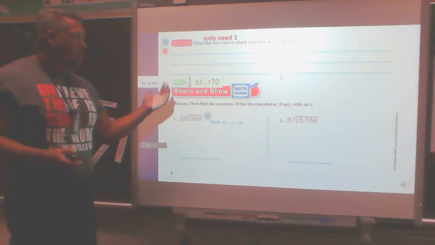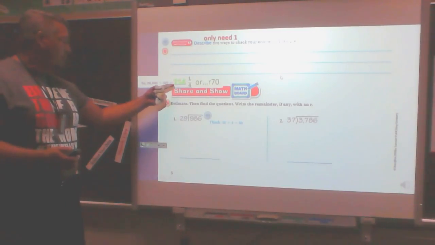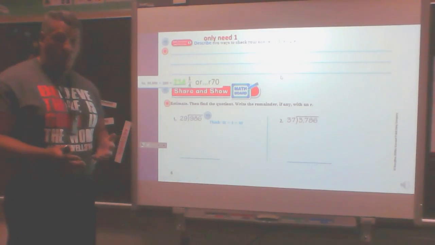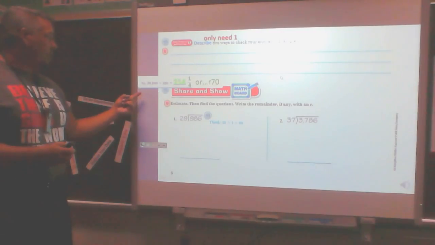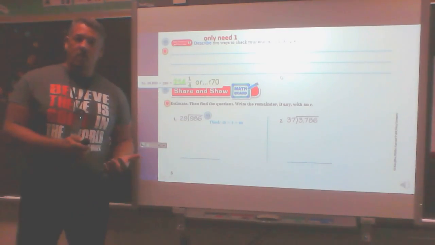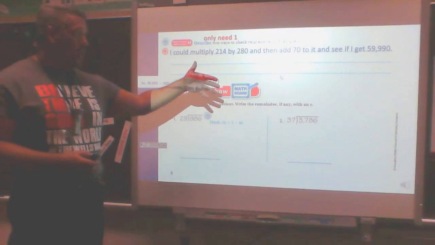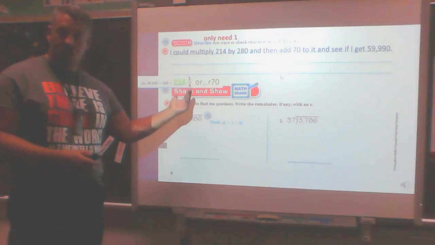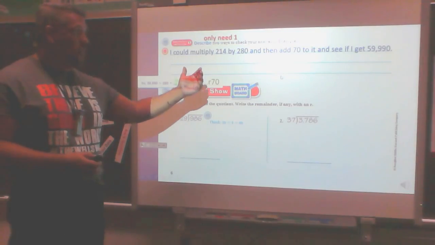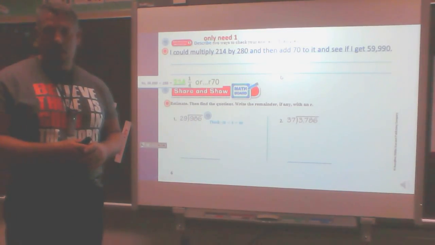So describe a way that you can check your answer to this problem, is 214 and 1/4 or 214 remainder 70, the correct answer. Well, one way you could check it is you could multiply the 214 by 280 and then add the 70, which was the remainder, to it to get the 59,990.